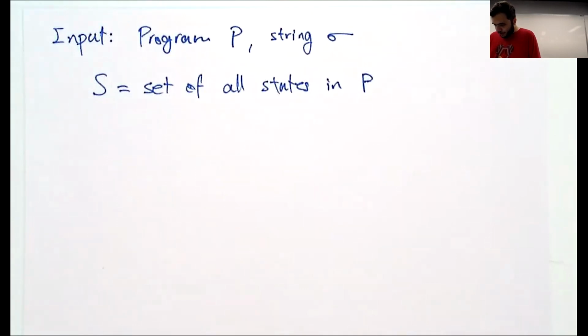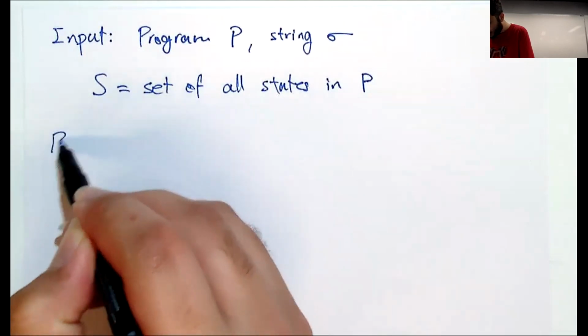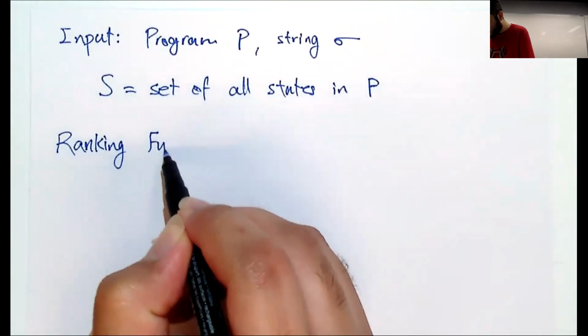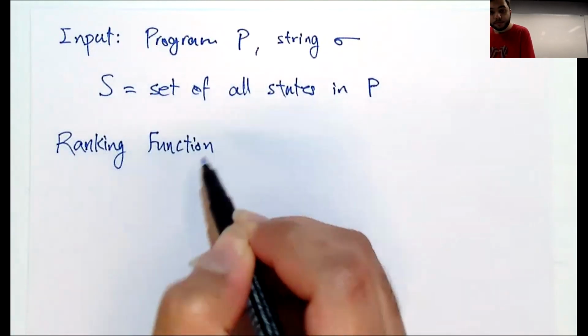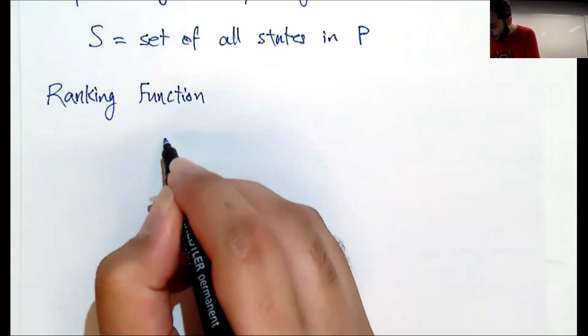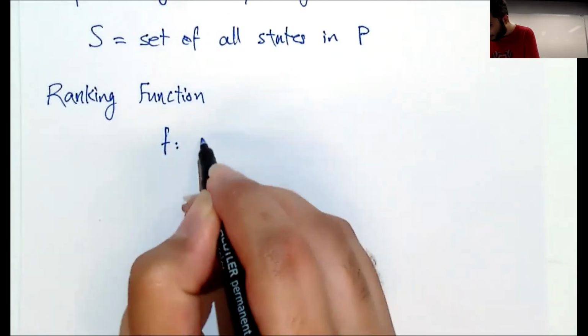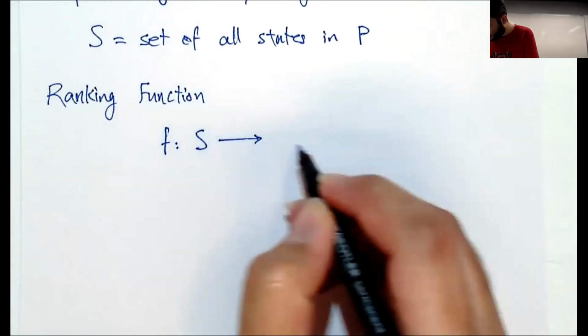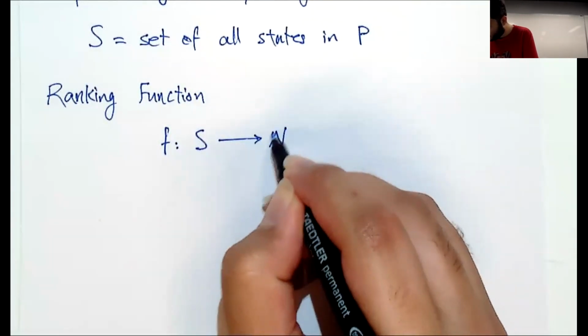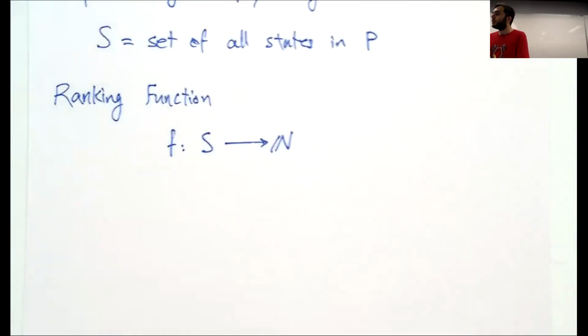So based on this, I'm going to define the notion of a ranking function. Okay, and a ranking function is basically a function f that maps our states to, okay, for now, let's say maps them to natural numbers.